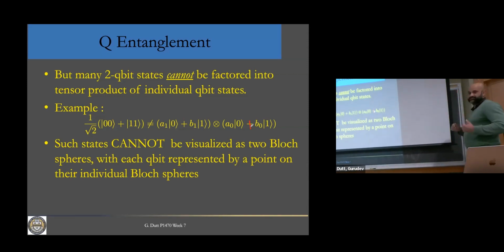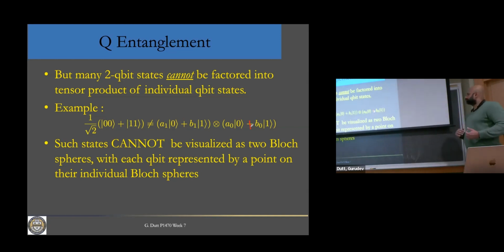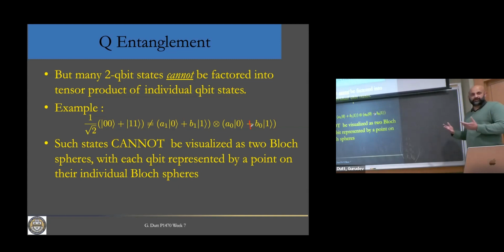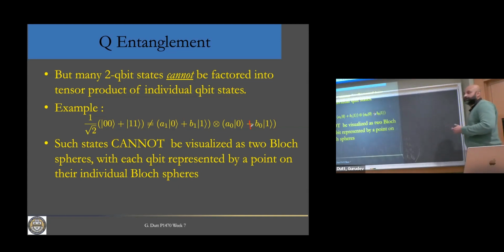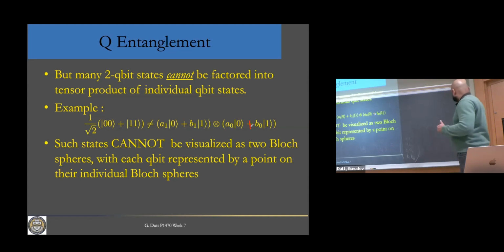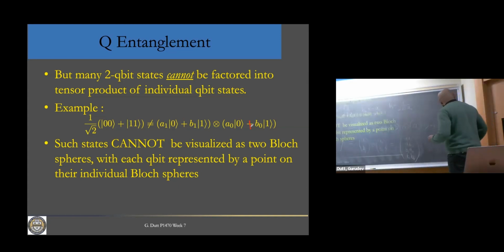And you will follow this because we have now done an example where we factored a qubit state, therefore the proof is by contradiction. We're going to assume that we can indeed factorize that state that I wrote down into the product of two qubit states, and then I'm going to show you that that leads to a contradiction.